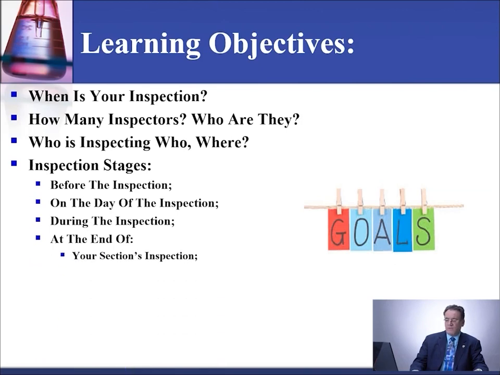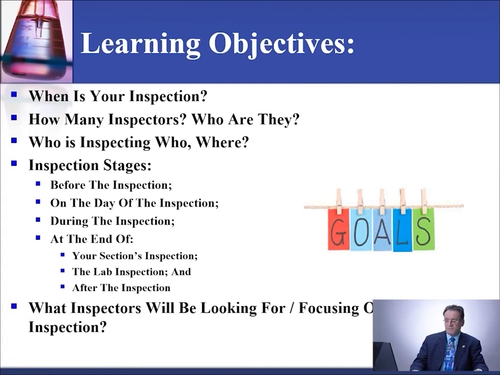Under that we will cover your section inspection, the lab inspection, and after the inspection. Then I'm going to tell you what inspectors will be looking for, focusing on during the inspection, and I'm going to give you some tips for the inspection.